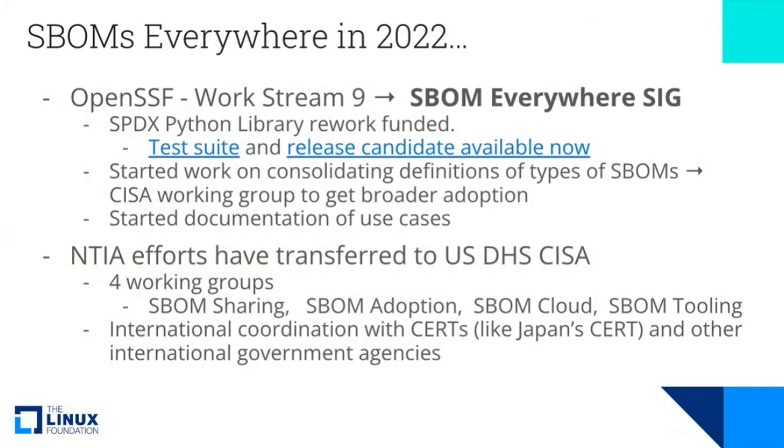And that'll help with the migration. And then the NTIA efforts transferred to CISA. And there are 4 working groups on sharing, adoption, cloud, and tooling. I've been working with the tooling one, and part of trying to get this definition of the types is that people kept talking past each other about the types of SBOMs they were using. And there's coordination going on with the international side too.